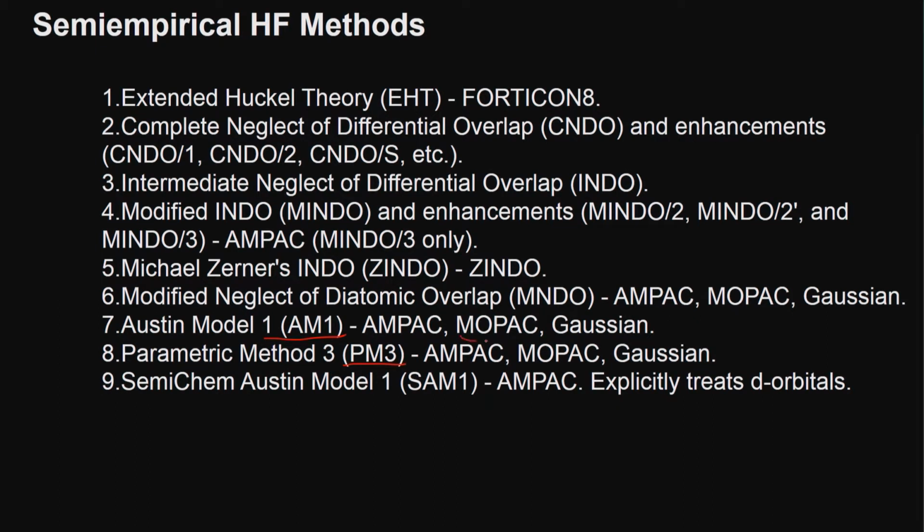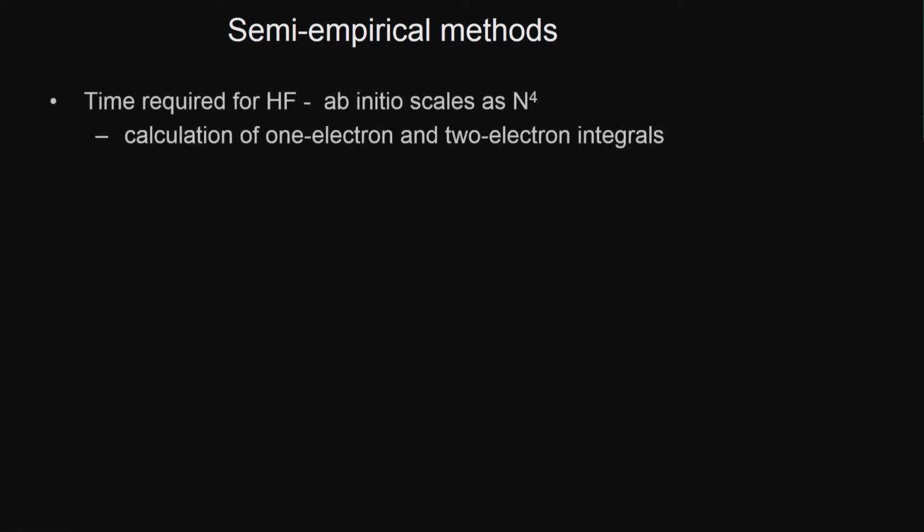Of course, MOPAC is also used quite a lot. Although all these methods are popular, generally you can stick to the ones which I have marked here. So let us look at some of these methods.